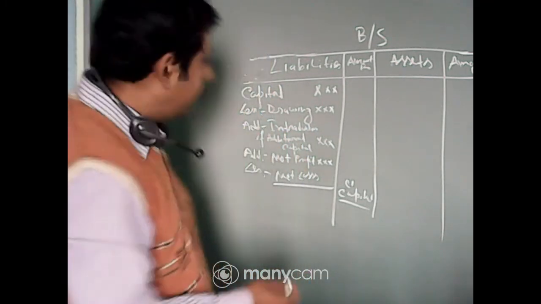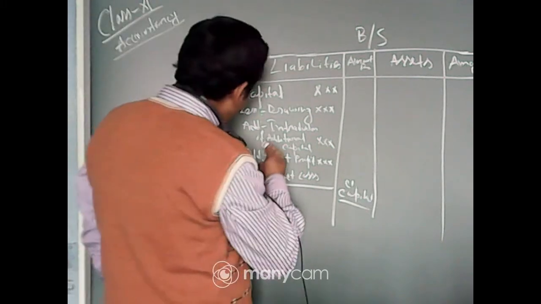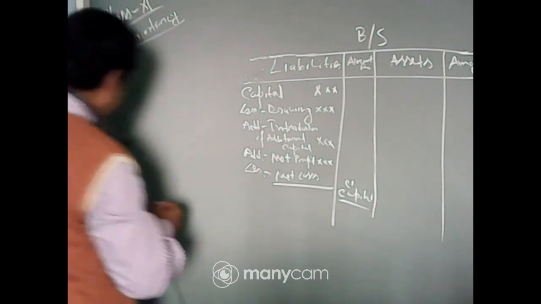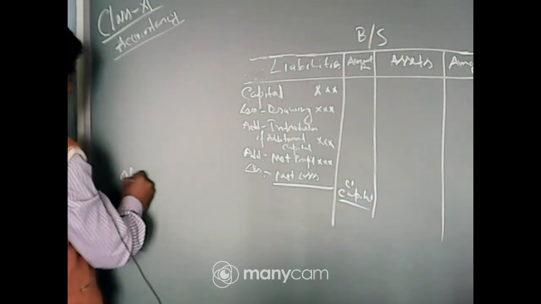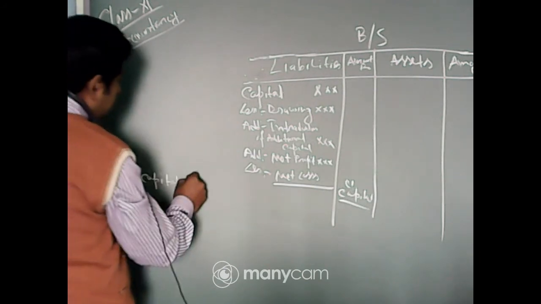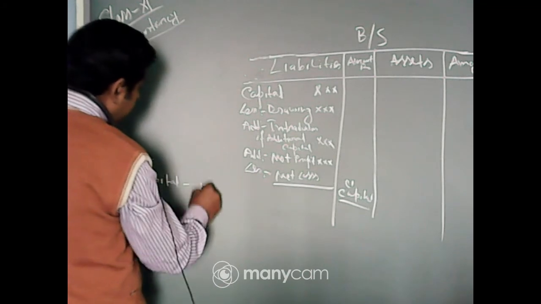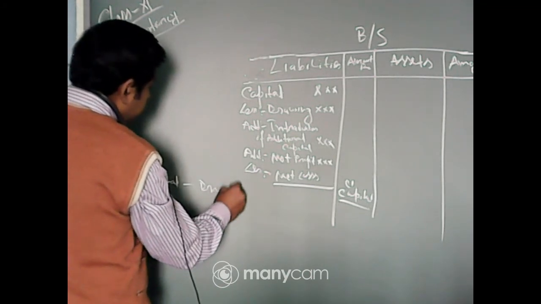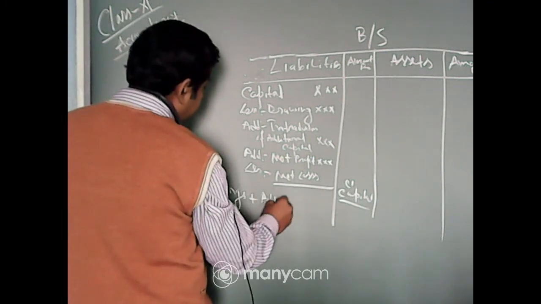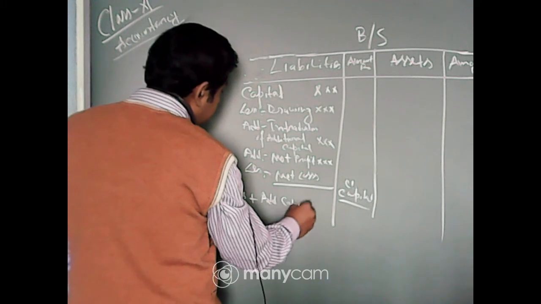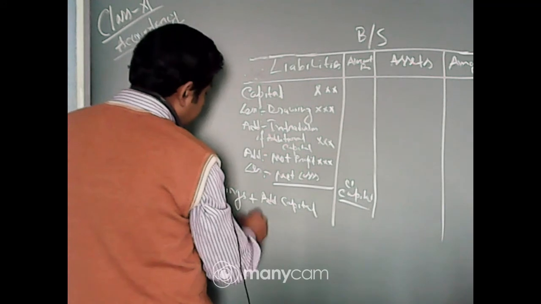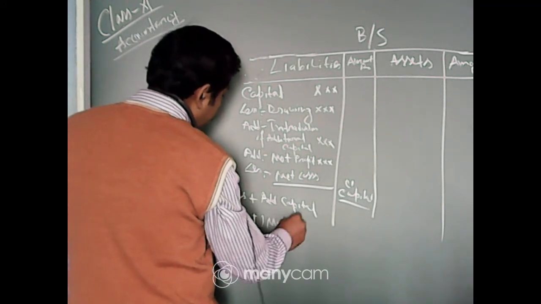If we convert it into a mathematical equation, first is opening capital, minus drawing, plus additional capital, plus or minus net profit or loss.